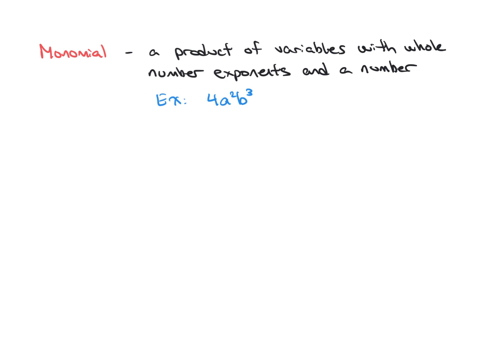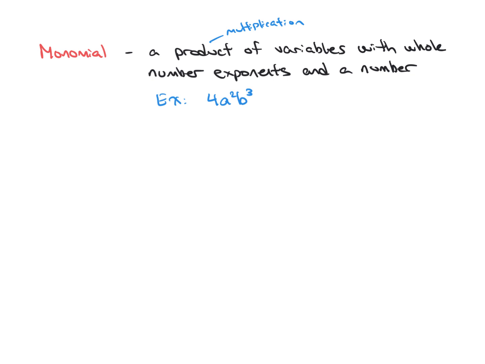Okay, that's what makes it a product. Product refers to multiplication. And the product is of variables. There's two variables there. a and b are both variables, and they have whole number exponents. 2 and 3 are whole numbers. And it's also a product with a number. The number happens to be 4.